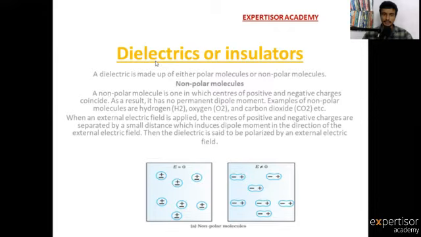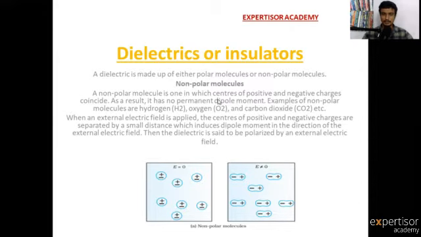So based upon that, dielectrics are made up of either polar molecules or non-polar molecules. The first thing is non-polar molecules.